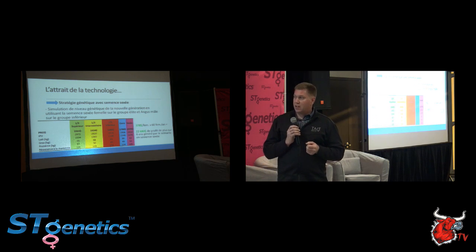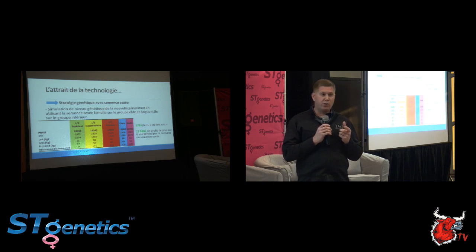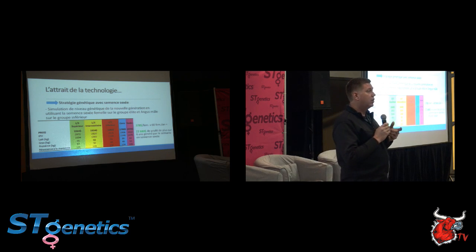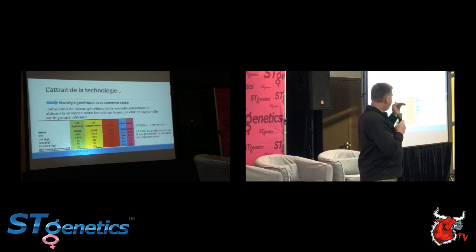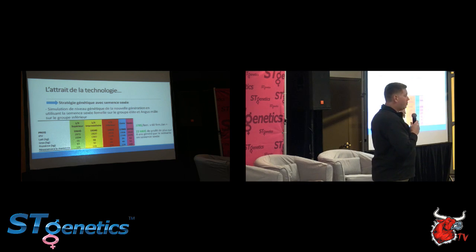So there's some interesting numbers on the strategies, and when you put the strategies side by side as to what the returns are going to be, if you look at conventional strategies, where you're using conventional semen across the board, and you stack it against our current strategy of sexed female, conventional, and then sexed male on your inferiors, it looks like there's quite a big difference of 22,000. But what happens is that at our place, when you look at that conventional number, on paper it's pretty easy to do.